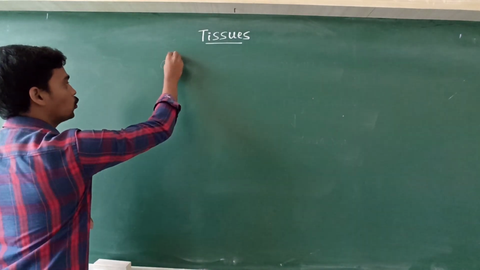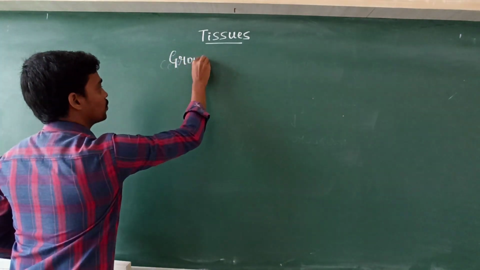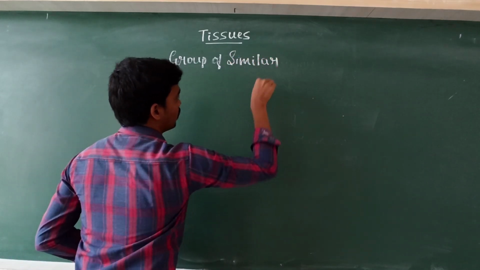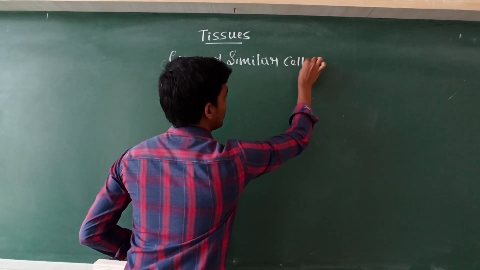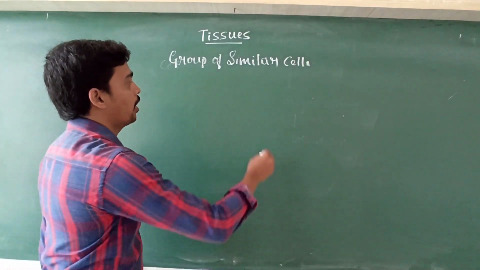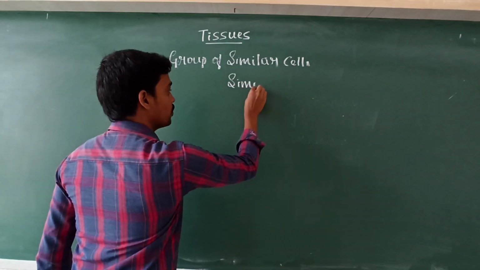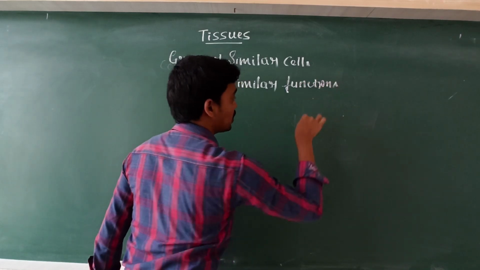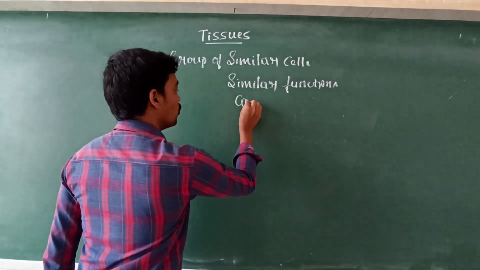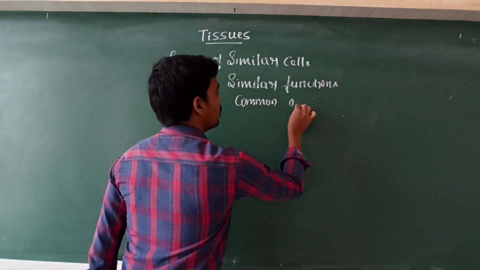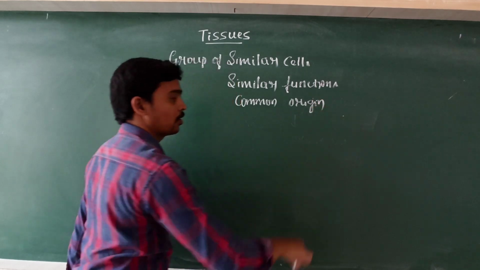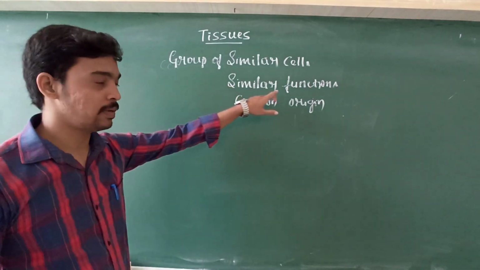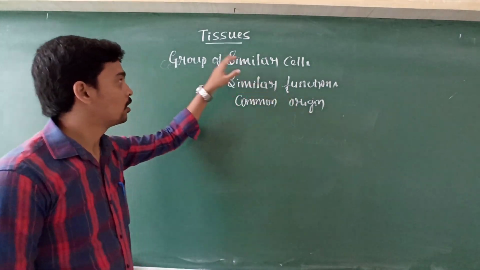Tissue means a group of similar cells, and they perform similar functions and they have a common origin. This is the definition of tissue: a group of similar cells that perform similar functions and have a common origin is called tissue.